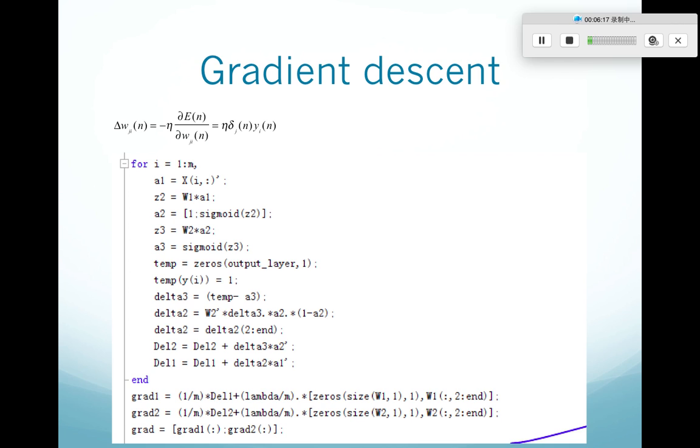And as we can see, A1 is just the input of our network, and Z2 is the output of the input layer, and A2 is the input of the hidden layer, etc. So finally we got A3 to be our final output in the network. And we use the following equation to solve the gradient, and we finally got this gradient.